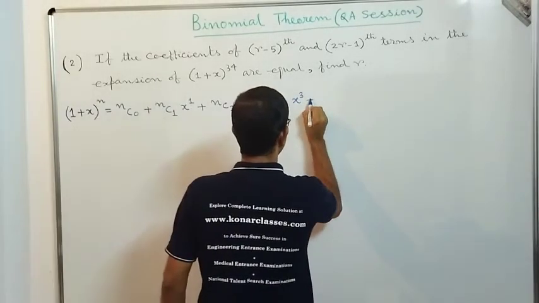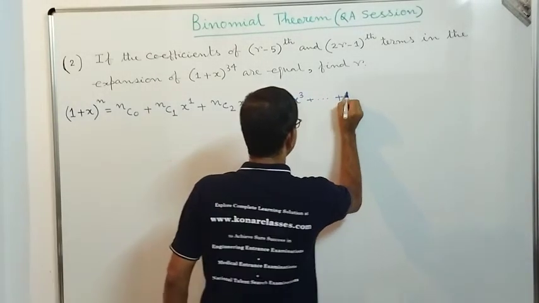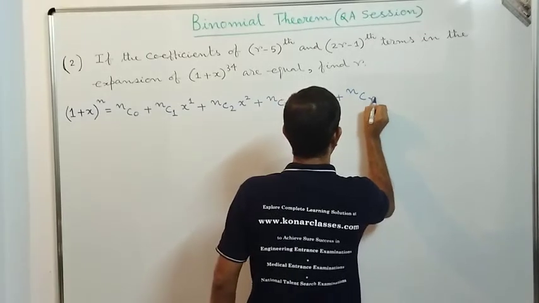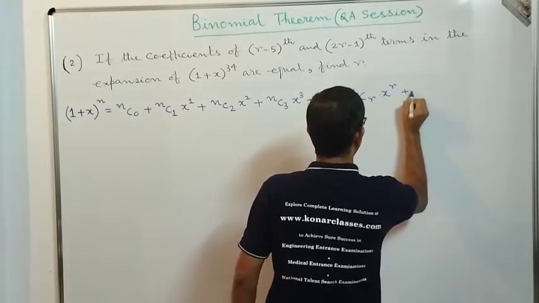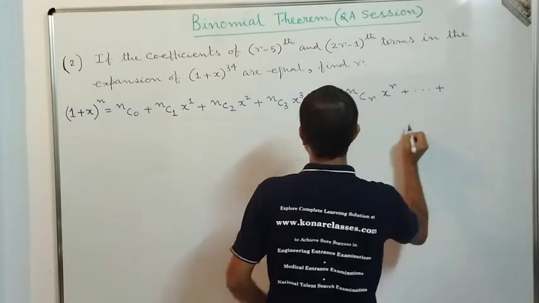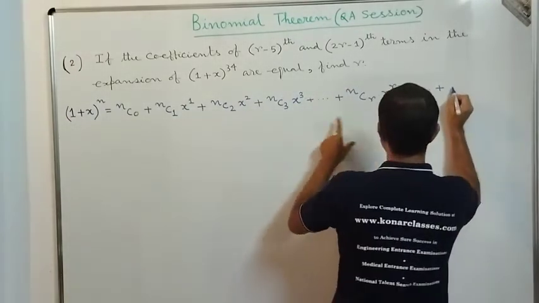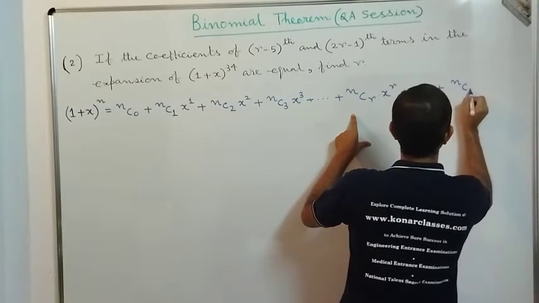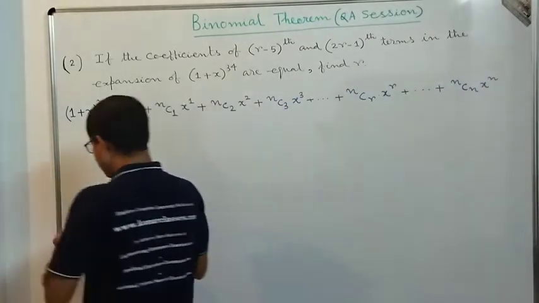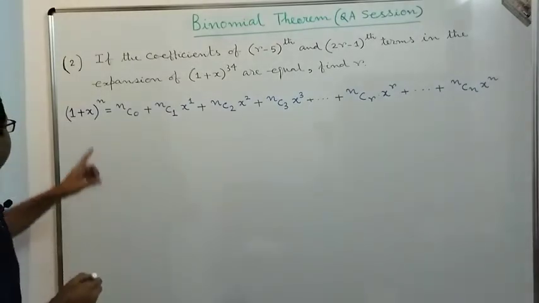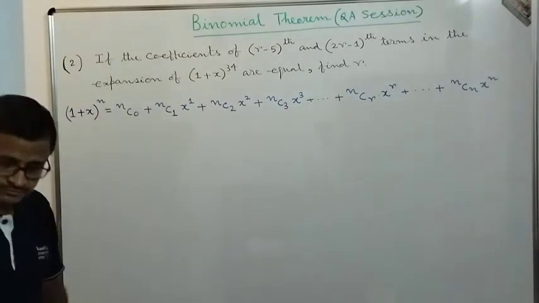In that way, you will find the r plus 1th term as nCr into x to the power r, and it will continue until we get the n plus 1th term, that is the last term, as nCn into x to the power n, correct? Now in context to our question, n is equal to 34, correct?